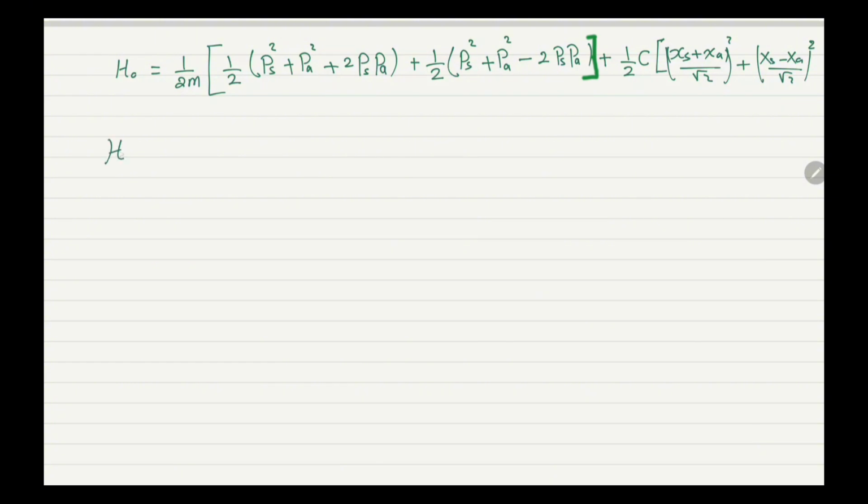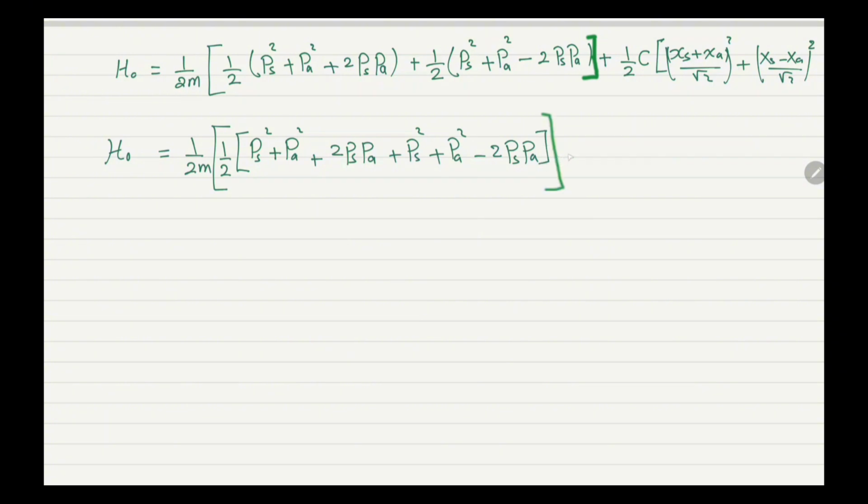squared. Now let's simplify this Hamiltonian, 1 over 2m half ps squared pa squared plus 2 ps pa plus ps squared pa squared minus 2 ps pa, plus half c half xs squared xa squared plus 2 xs xa plus xs squared x antisymmetric squared minus 2 xs xa.